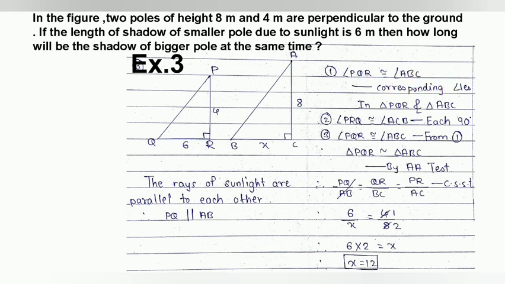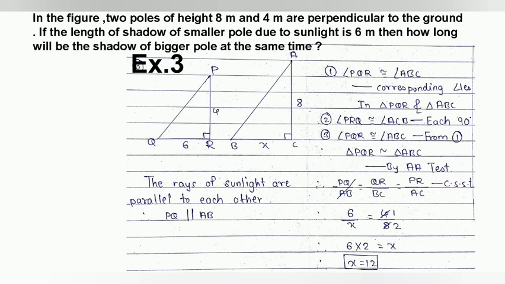So in these two triangles, PRQ, this right angle, and ACB, which is again a right angle, each 90, they are congruent. And similarly by corresponding angles, these two angles are congruent. Therefore, by AA test, these two triangles become similar. Now their sides are in proportion by corresponding sides of similar triangles.